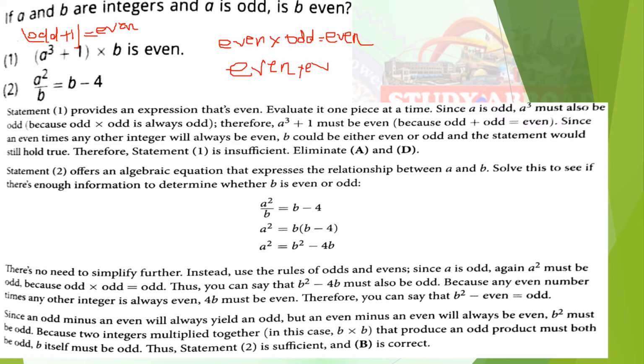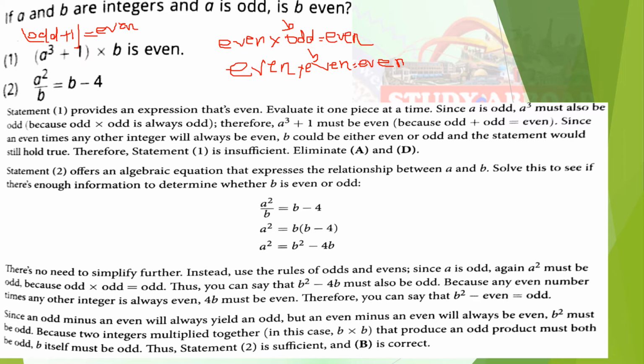So we don't know whether B is even or odd. From the first statement alone, you can't judge whether B is even or odd.